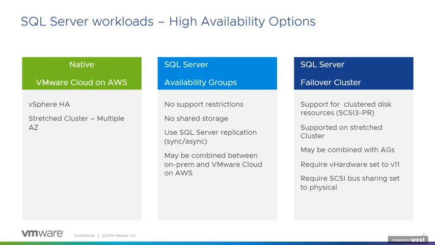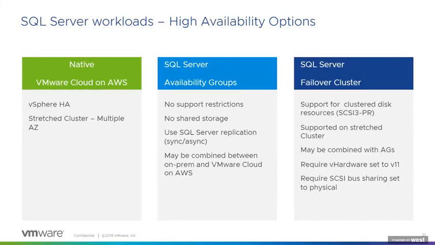As mentioned, we support all major SQL Server native high availability options, including SQL Server Always On availability groups. For availability groups, it's very important to mention that there is no support restriction and no special shared storage configuration required.